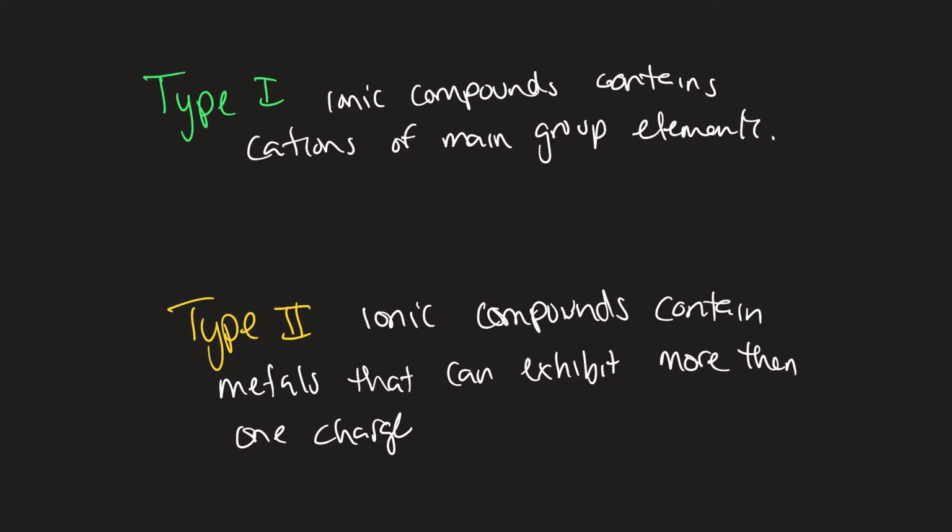Type 1 are ionic compounds that contain cations of main group elements. What are these cations from main group elements?